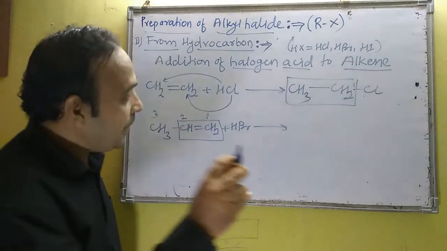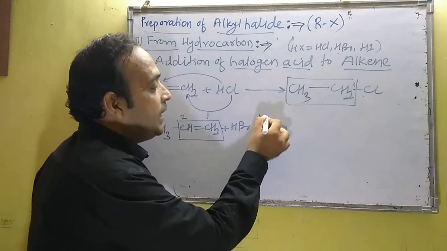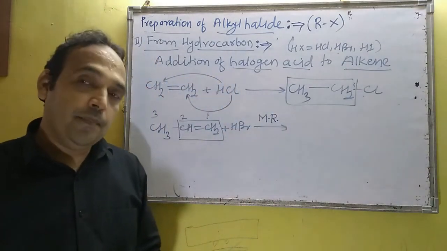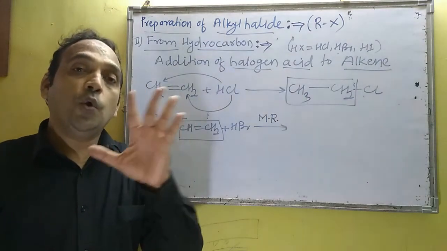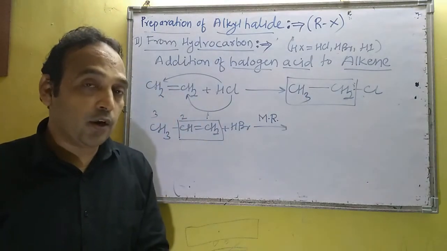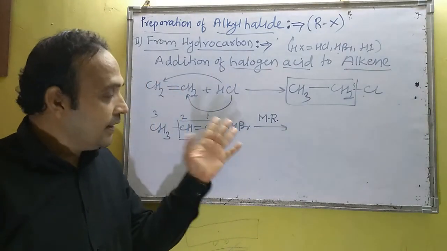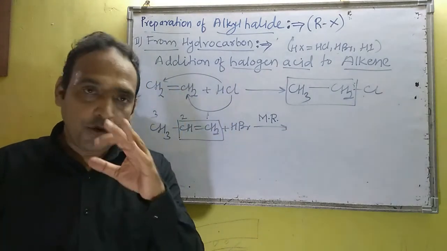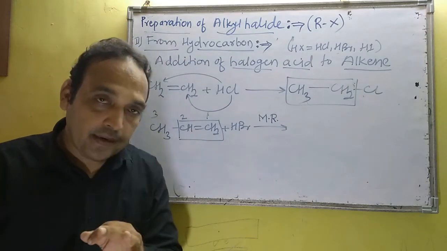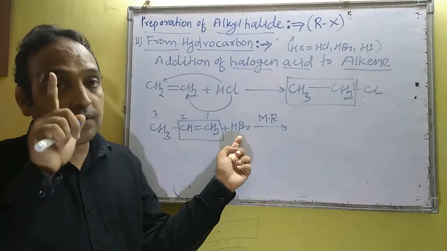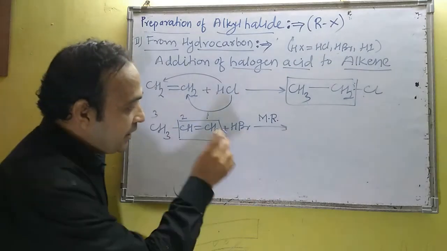When an unsymmetrical alkene is given, the addition will take place according to Markovnikov rule, which we have already covered in 11th. What is Markovnikov rule? It concerns unsymmetrical reagents. My reagent is HBr.